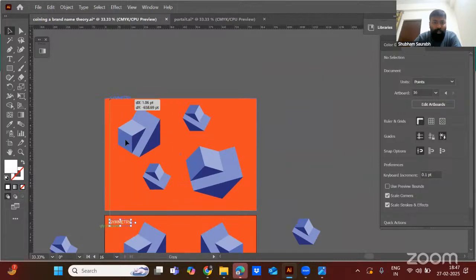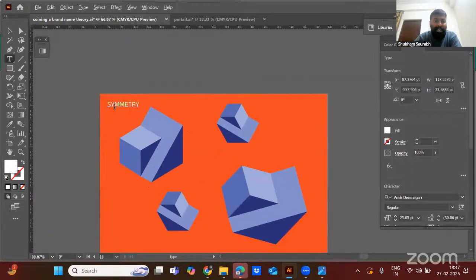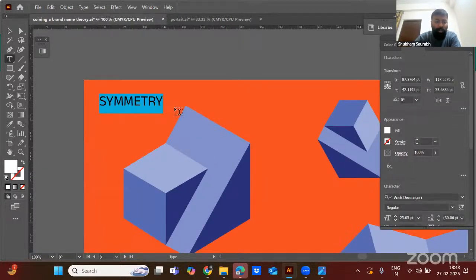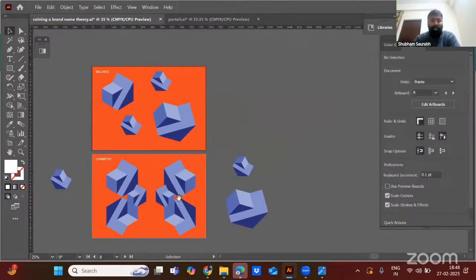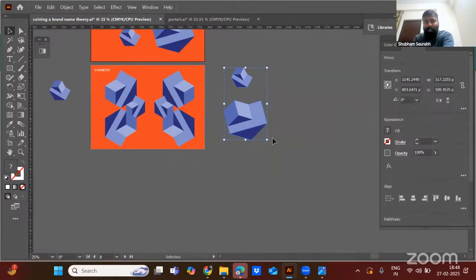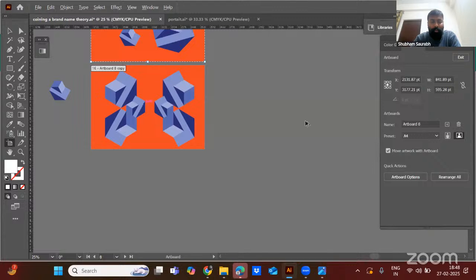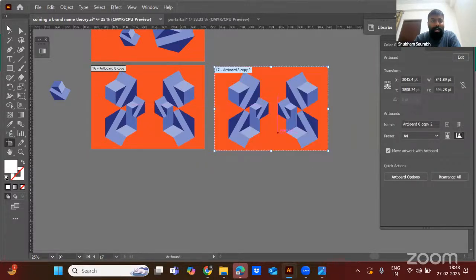Balance is more of a visually balanced, but it's not compulsory that it has to be geometrically calculated the same on both sides. Visually, it should look that the space is balanced and the weight is everywhere. So this is called balance. Okay. Then we have symmetry. Let's see another one, which is contrast.